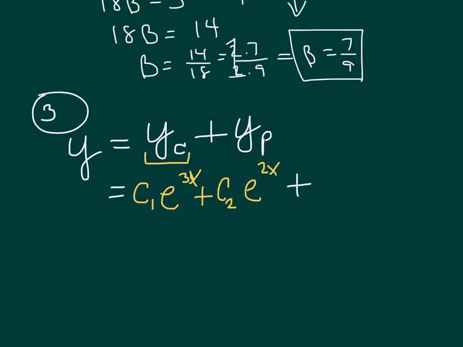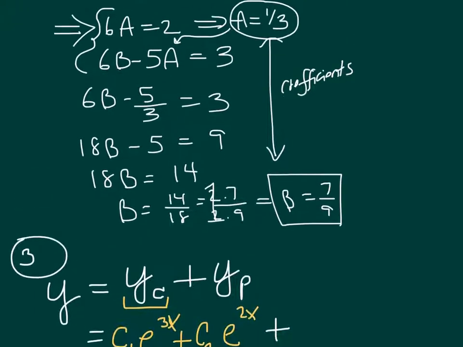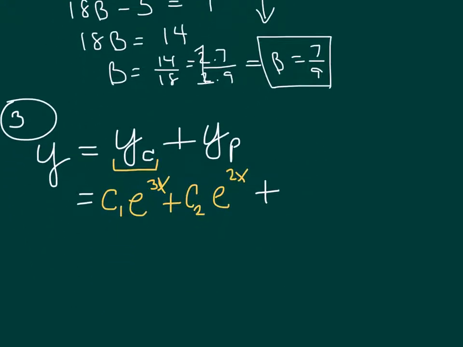So what was a? I already forgot. A is a third. So there's your 1/3 x plus b, which is plus 7/9.